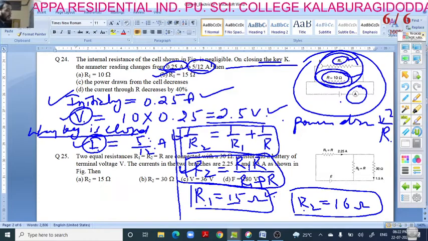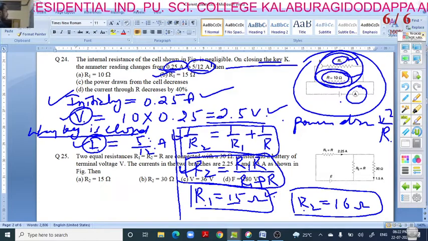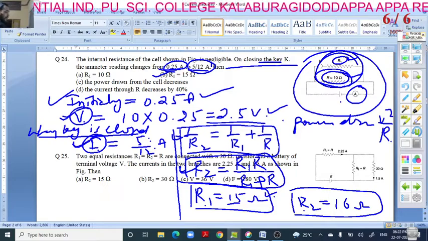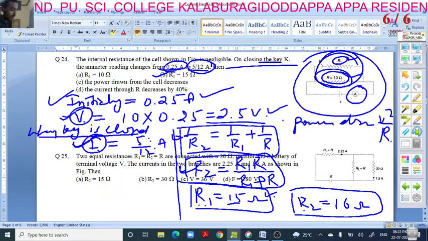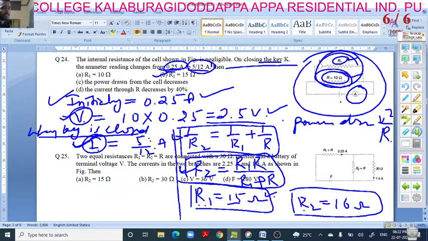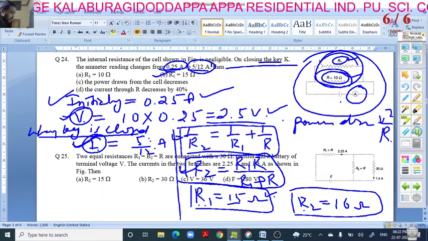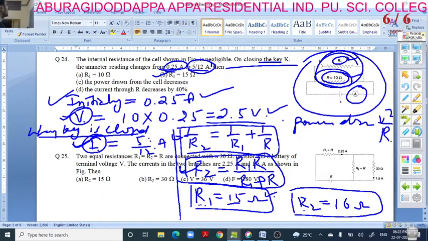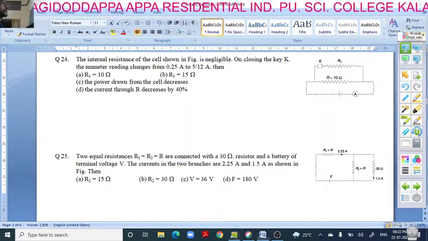Using this formula, and with the help of the values of V and I, simplifying, you will get R1 and R2. So power drawn V square by R, since the total resistance decreases here, R1 is equal to 15 ohm. Okay, next.